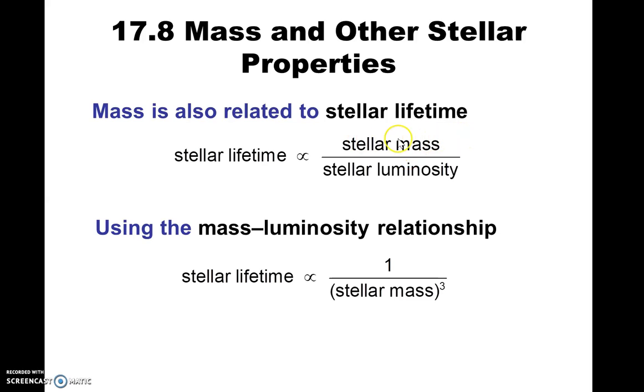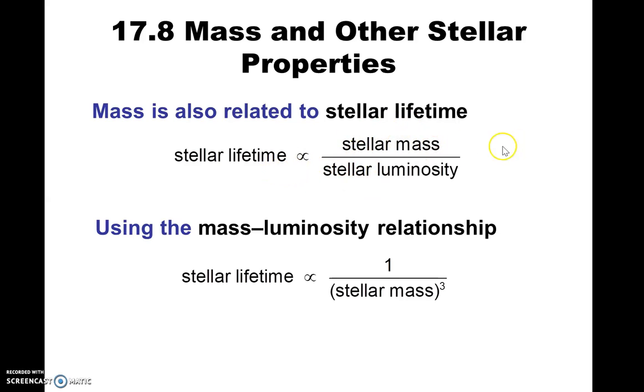And these are always done in solar units. In other words, if you put in 15 times the mass of the sun, and the luminosity is, let's say, 40 or 50 times the luminosity of the sun, you can figure out the age.